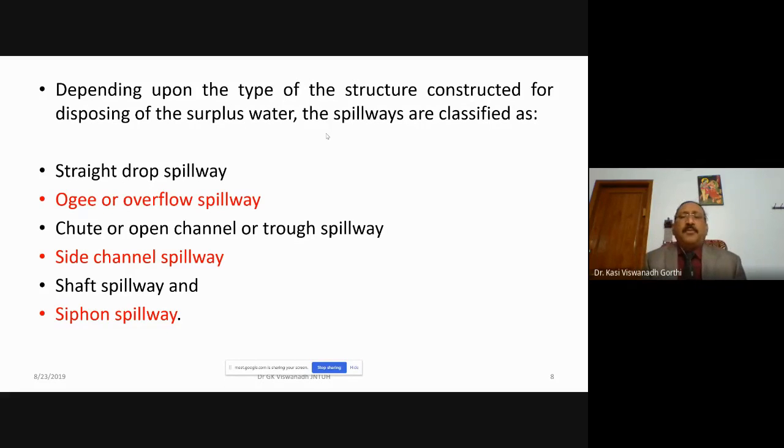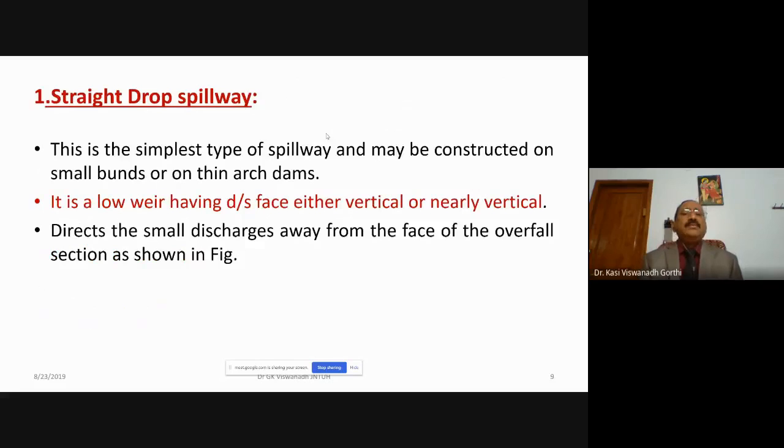It depends on what type of structure is provided and the mode through which the excess water is disposed to the downstream. Let us see them one by one. But we take up two in today's class, straight drop and ogee spillway.